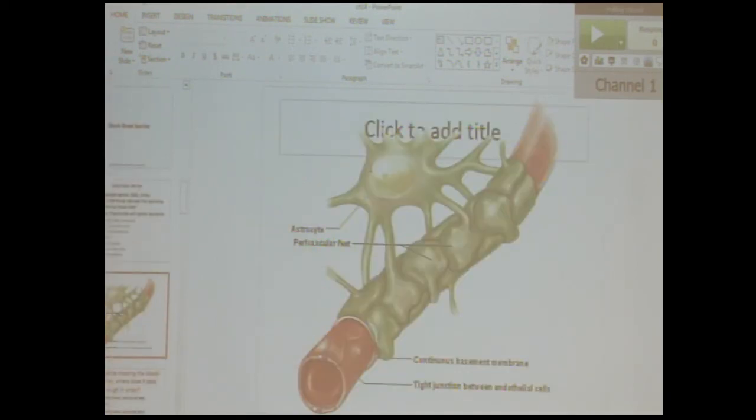So in the picture you had the tight junctions between the endothelial cells, which are the capillaries, the basement membrane, and then the astrocyte feet. So we've got 3 layers to keep most everything in the blood from touching your neurons.